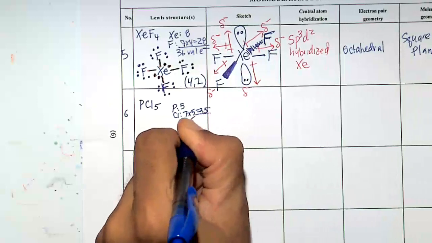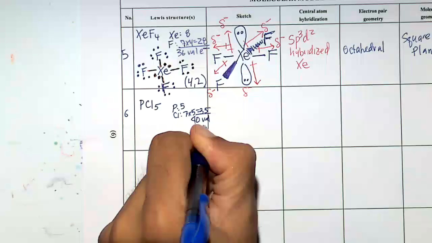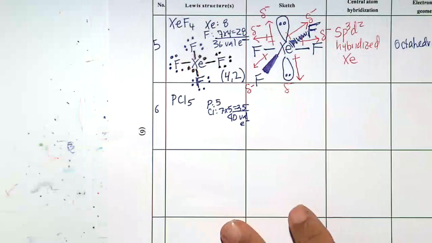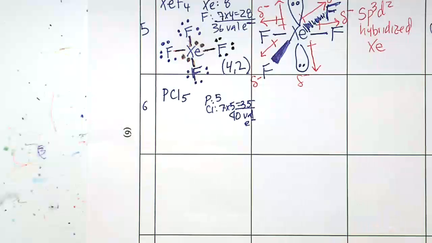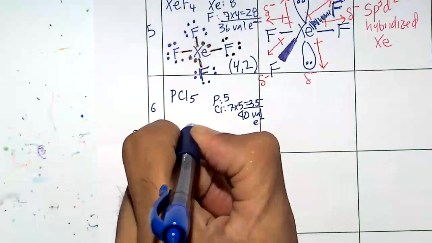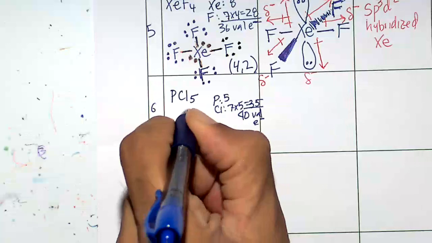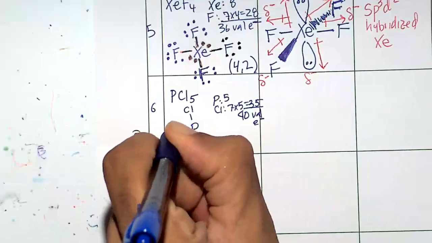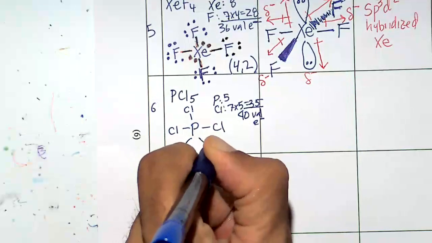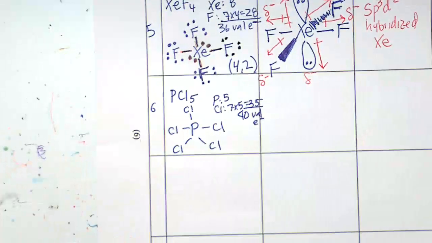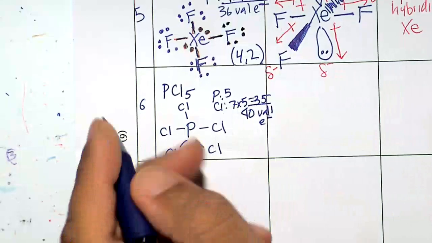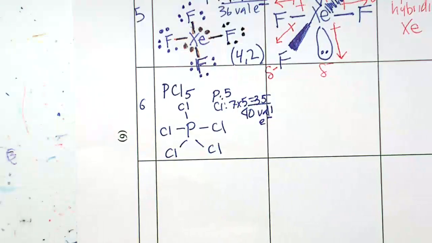But we have 5 of those, so we need to get 40. 40 valence electrons are on PCl5. So what will our central atom be? Phosphorus, and we'll get 5 chlorines around it. 40 valence electrons.